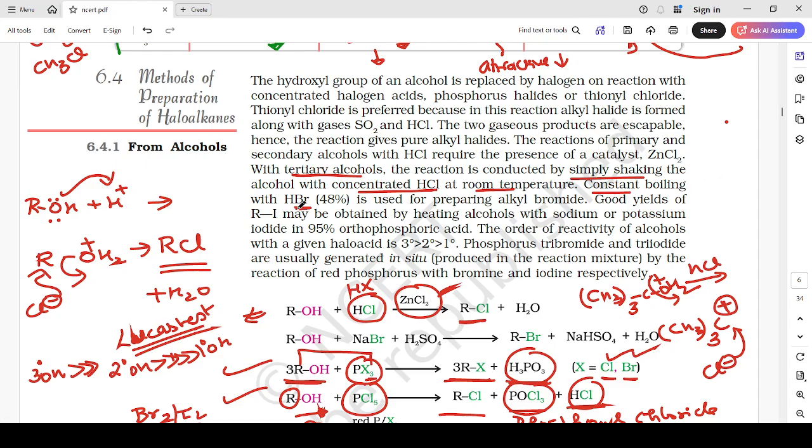Constant boiling HBr 48% is used for preparing alkyl bromide. Here I use HCl. If you are making RBr, use HBr 48% to make alkyl bromide. You can also prepare RI by heating alcohols with sodium or potassium iodide in 95% orthophosphoric acid.